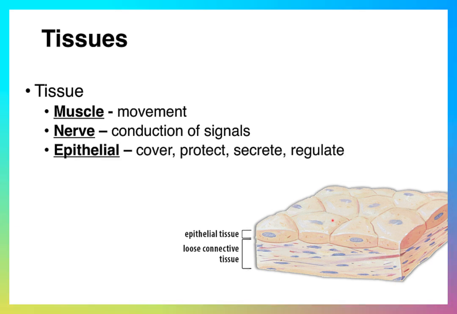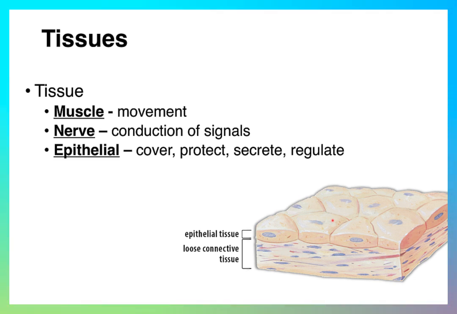The third of these is epithelial tissue. Epithelial tissue is all over the body. It functions to cover, protect, in some cases to secrete, and also in some cases to regulate. For example, the epithelial tissue can secrete oil that goes on your skin and makes the skin more flexible and pliable and moist so that it doesn't crack and dry out.